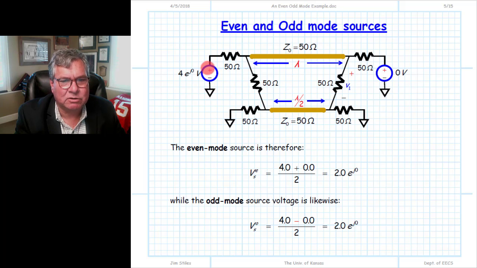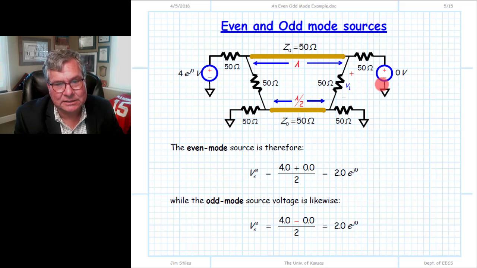If we were to reflect across to the other side of the circuit, what we find is there is no 4-volt source. Instead, we have a short circuit from this 50 ohm resistor to ground. This point here reflects over here, and we're going to model that short circuit from this location to ground as a voltage source of 0 value. And of course, that is what a short circuit is.